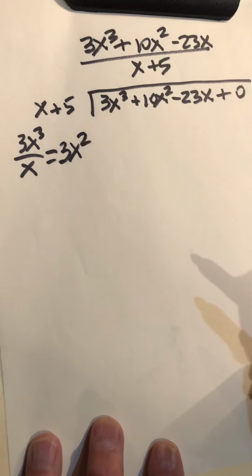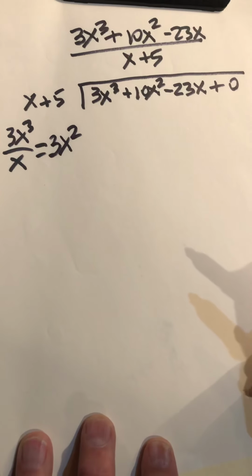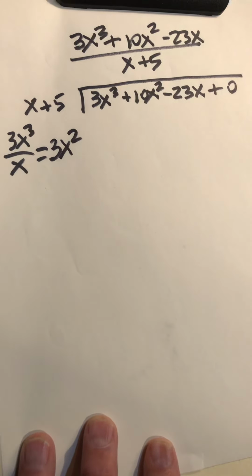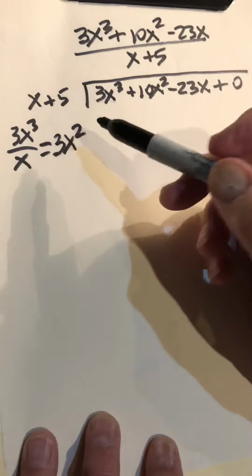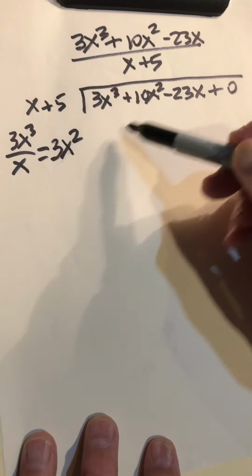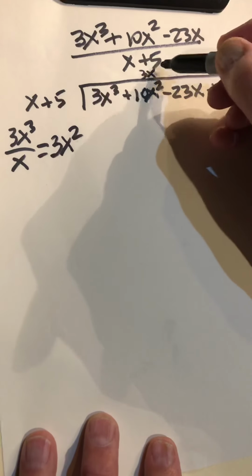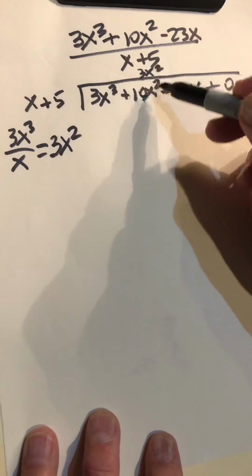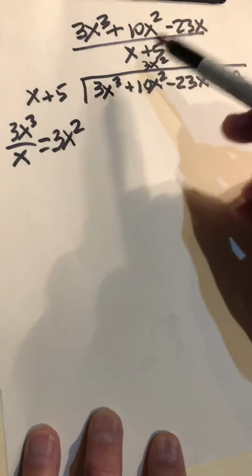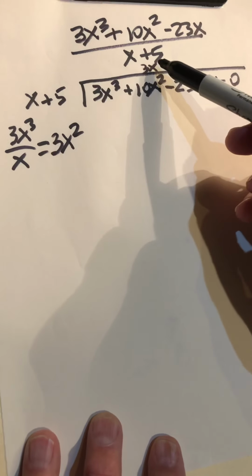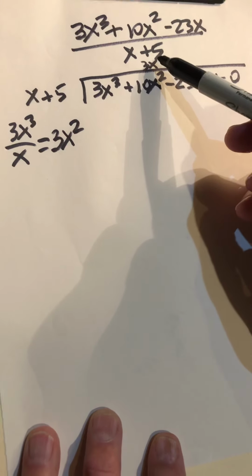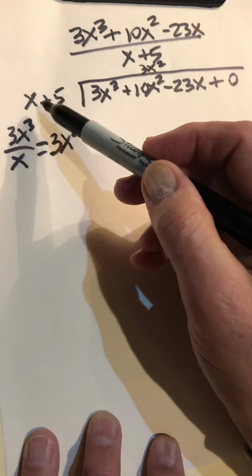Another key, in both long and synthetic division, you always work in like term columns. So where is the squared column? 3x squared right here. I go over the x squared in the dividend. Now, what did you do when you got an answer at the top, part of your quotient? You multiplied by the divisor.